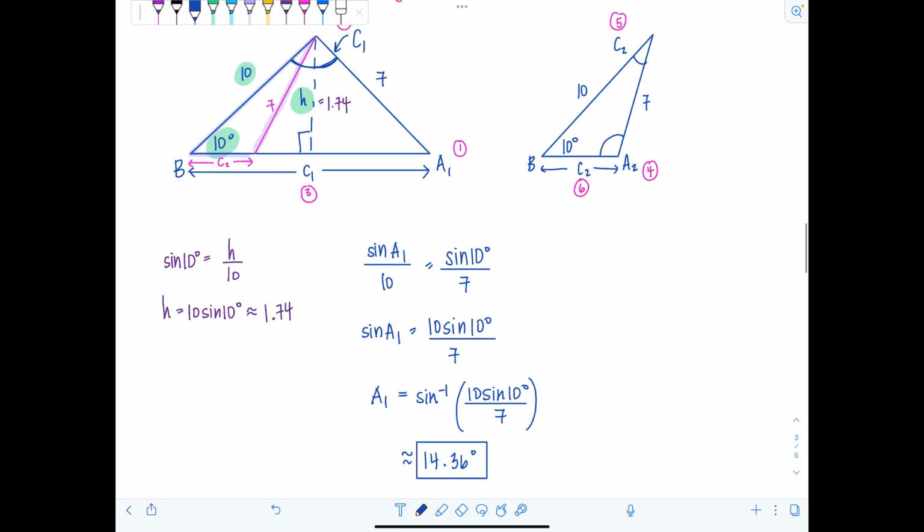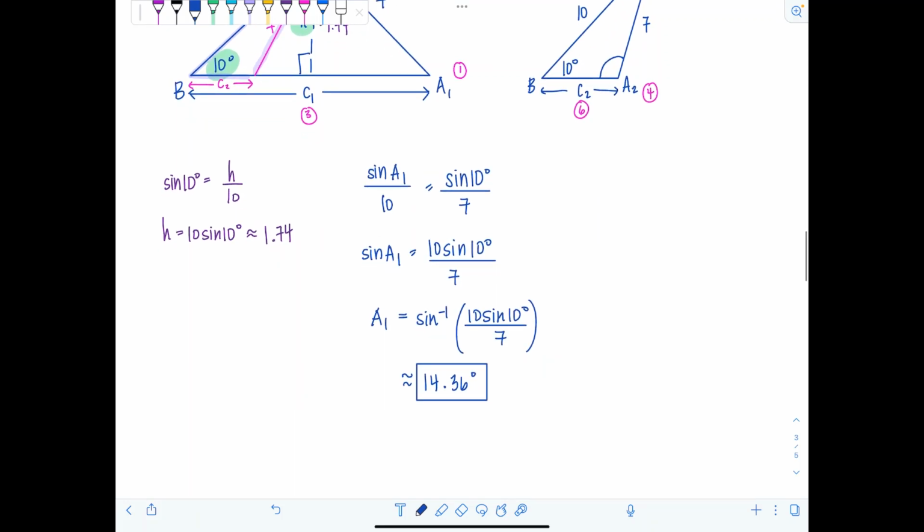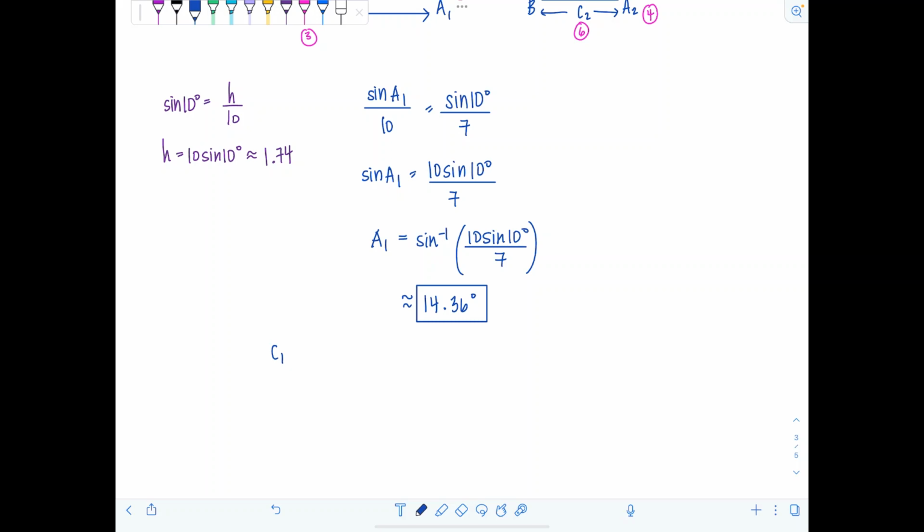Second, I find angle C1 at the top, just like before, and the process is the same. So angle C1 you get by doing 180 minus angle B, which was 10 degrees, minus angle A1, which is 14.36. So this should be 155.64 degrees.